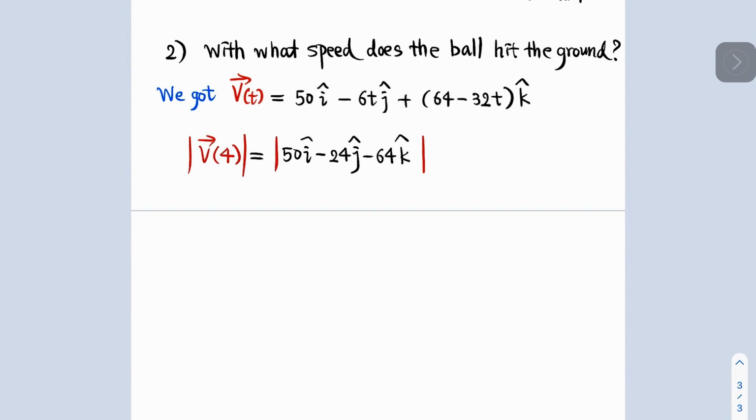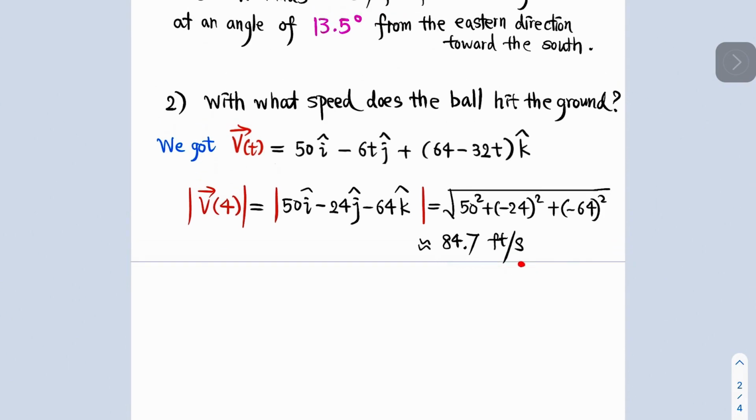The magnitude of this is the square root of 50 squared plus negative 24 squared plus negative 64 squared. That is about 84.7 feet per second. Remember, we are asked to round to one decimal place. So that answers the second part of the question.